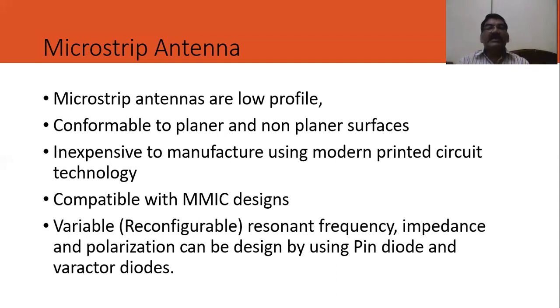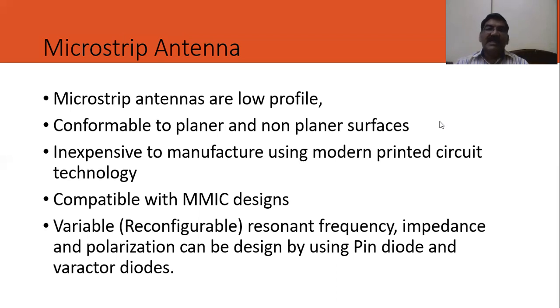Accordingly you can design the antenna, and a single antenna can be used for two different frequencies. So that is the advantage: multiple antennas can be reduced to a single antenna. This is the frequency reconfiguration.